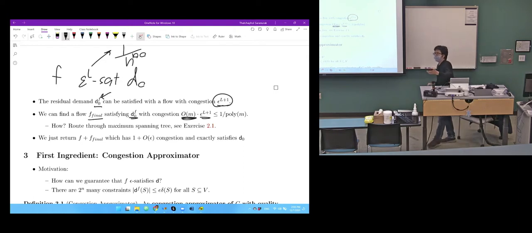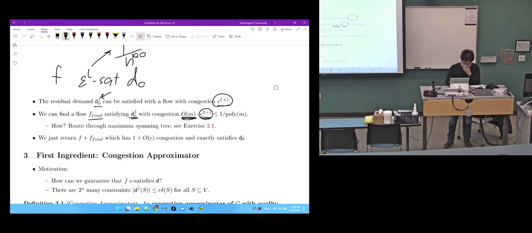The reason is that we can use the maximum spanning tree. If you route the flow via a maximum spanning tree, it certifies the flow exactly, but the congestion may blow up by m. Here the congestion is so small anyway that it doesn't matter.